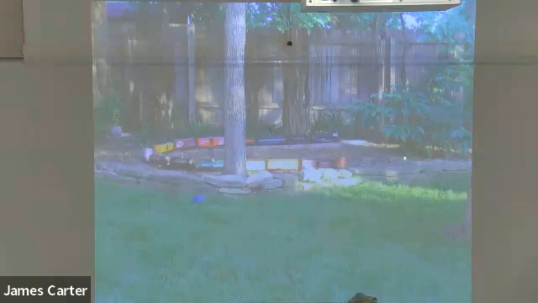In this case, the rise from here to here, each one of these cars is about 6 inches tall. Okay. So if we compare here, I'm more than a foot higher. Okay.